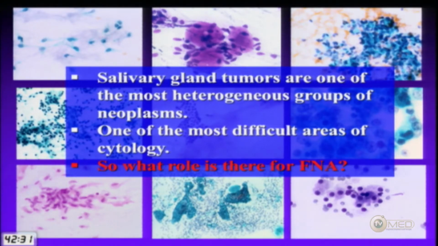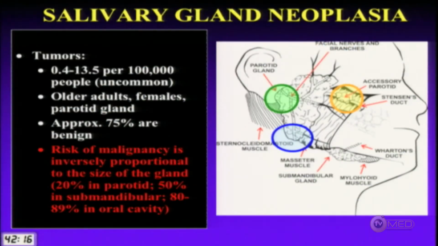And here in the background, these are just some of the different FNAs of different tumors that could be encountered. So it's really one of the more difficult areas. So you would ask yourself, what role is there for salivary gland FNA? Before we get into the details of salivary gland fine needle aspiration, I just want to give you a little bit of background that's important to salivary gland tumors.